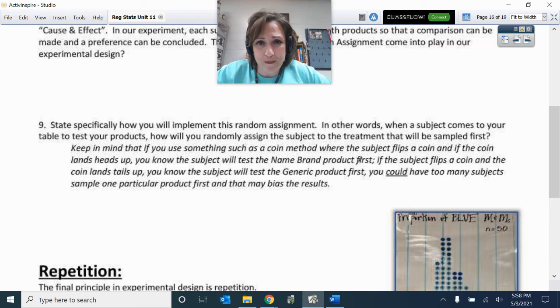That could be a problem. So when you decide how you're going to randomize which product they taste first, how can you make it so that you don't have too many subjects sampling one particular product first? How can you make it pretty close to 50-50, if not exactly 50-50?